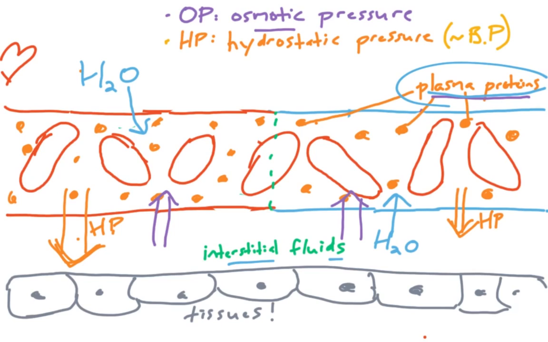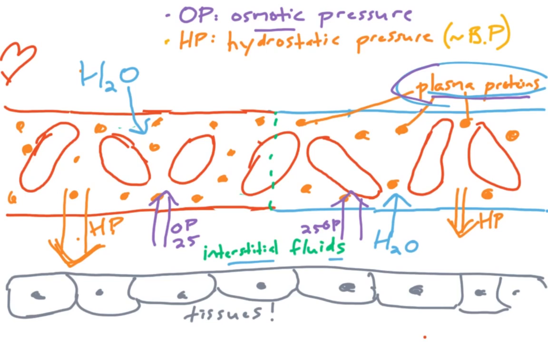And to put a number around this, these are some pretty small values, but around 25 millimeters of mercury would be a pretty typical osmotic pressure. So running with that value would be about 25 here and 25 here. And again, the units are millimeters of mercury, or mmHg.